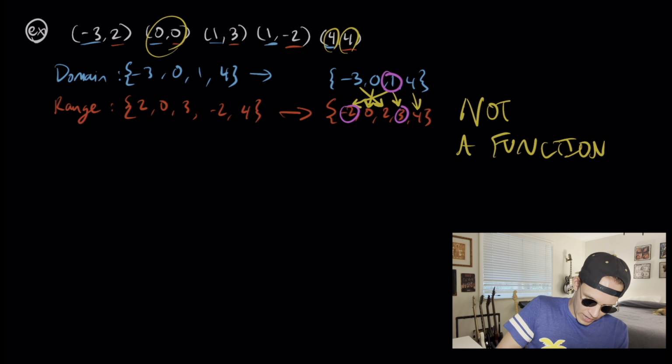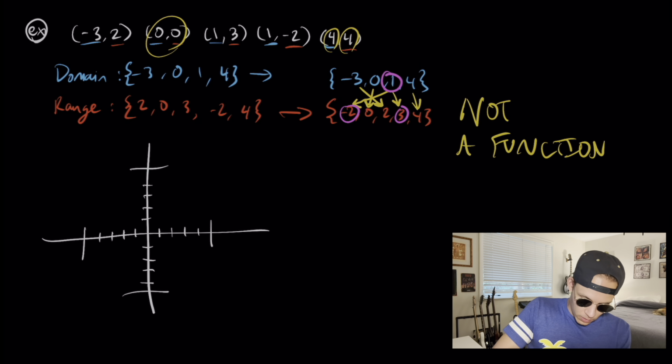So if we drew a graph and we wanted to plot all of these points listed up here, we'll just go ahead and do that. So -3, 2 is going to be about here, let's say. 0, 0, origin. 1, 3 is going to be up here. 1, -2 is going to be down here. And 4, 4 will be right there. And let's say we're drawing this line going from left to right, and I want to connect the dots.